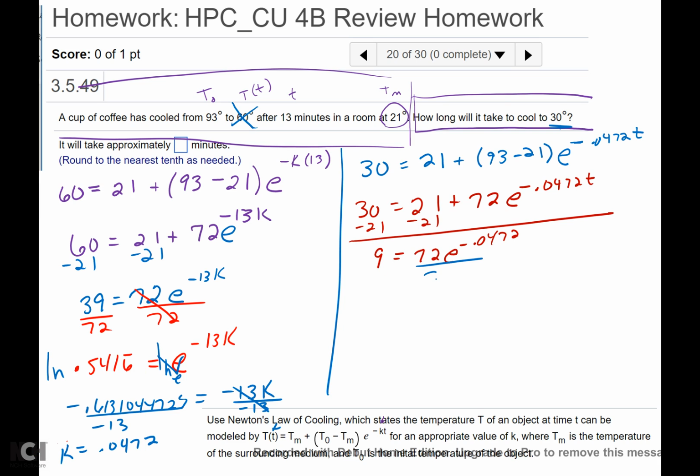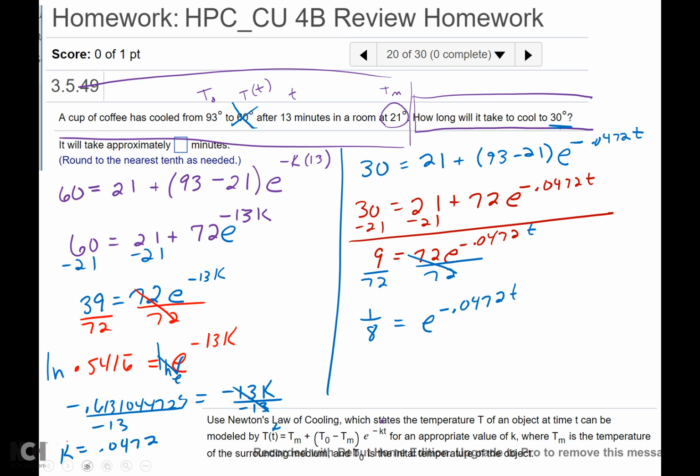Divide by 72. Reduce, I get 1/8 equals e to the negative 0.0472t. Sorry, lost my t there.